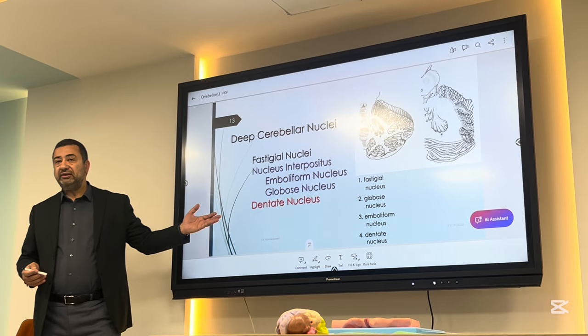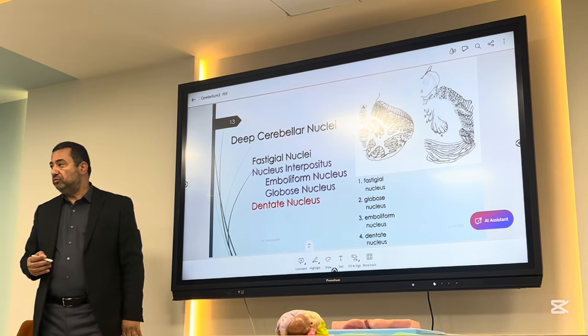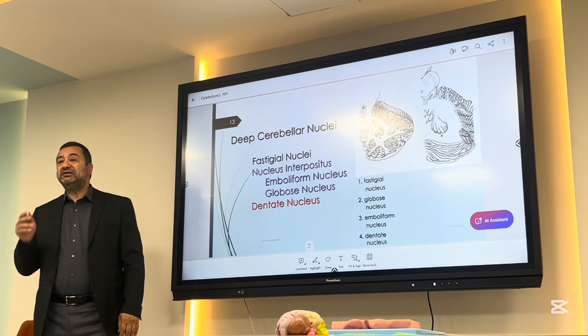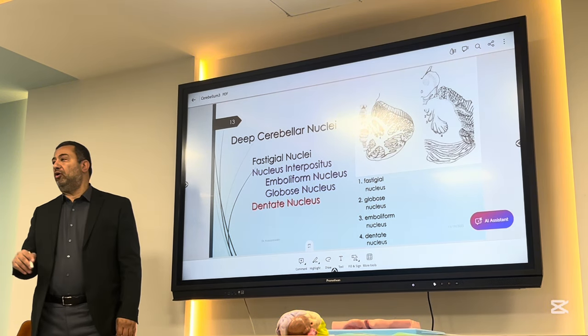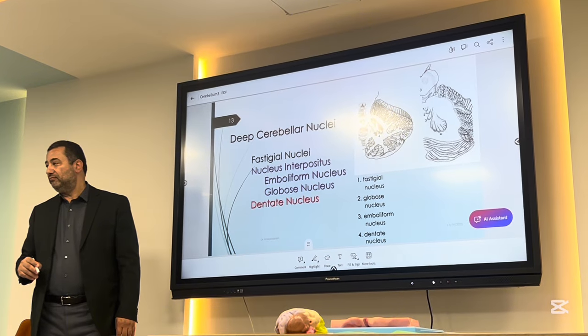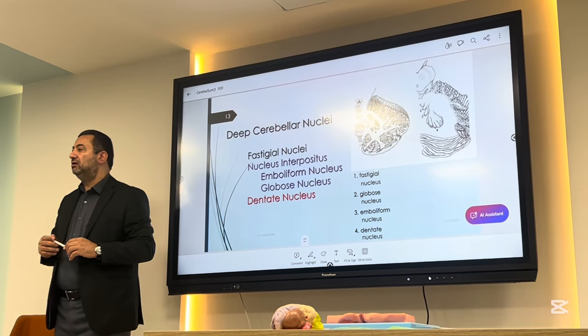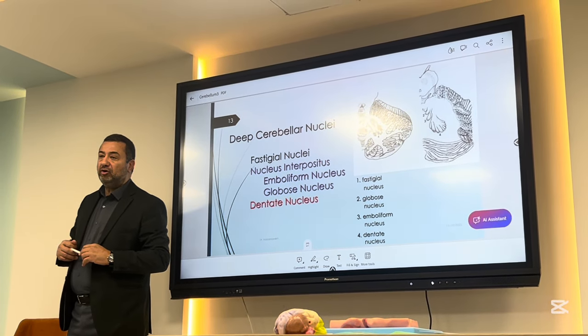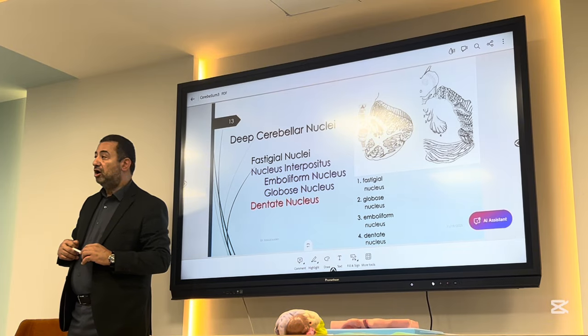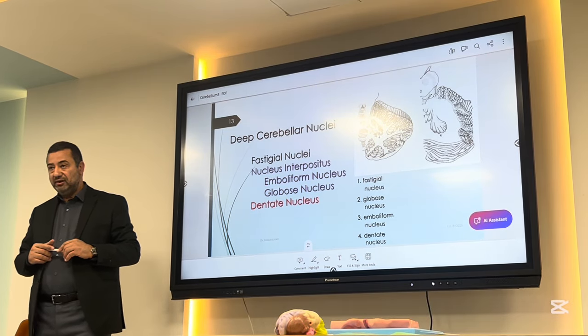nuclei in the cerebellum. Fastigial nucleus is related to the folliculonodular lobe or archicerebellum or vestibulocerebellum, and is related to the equilibrium.